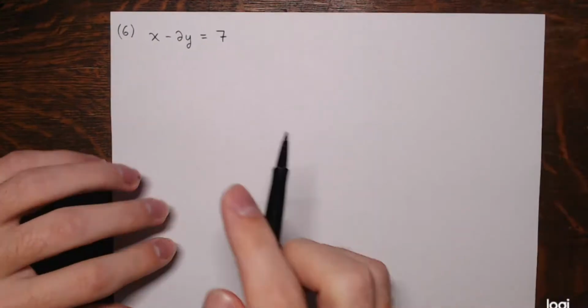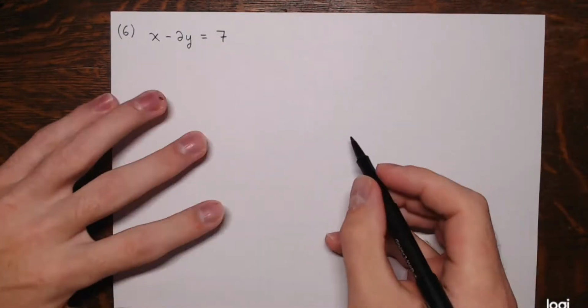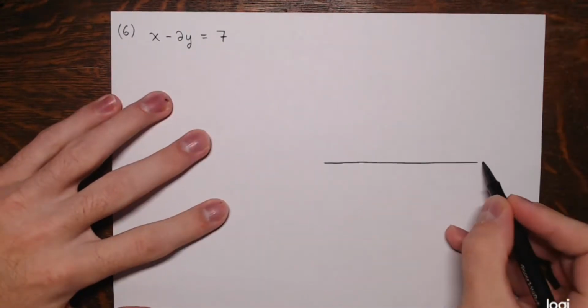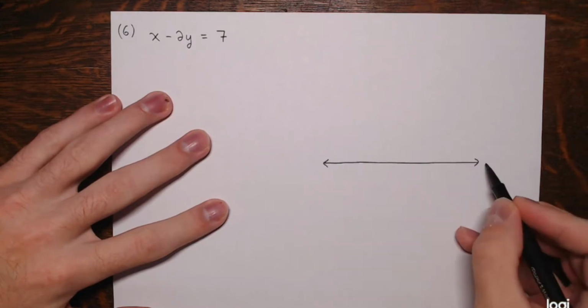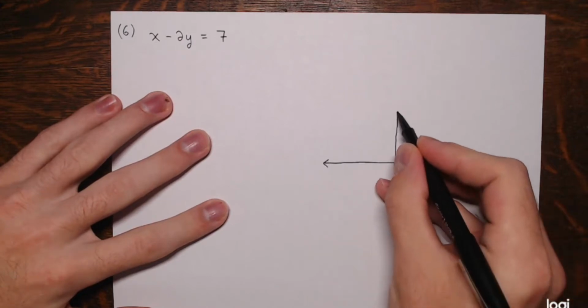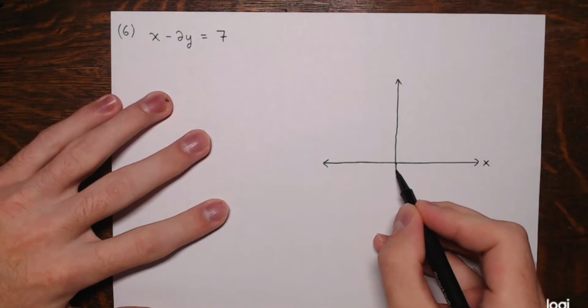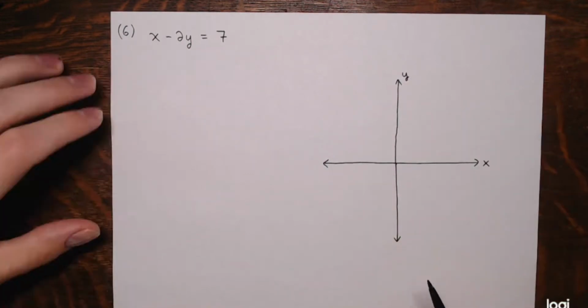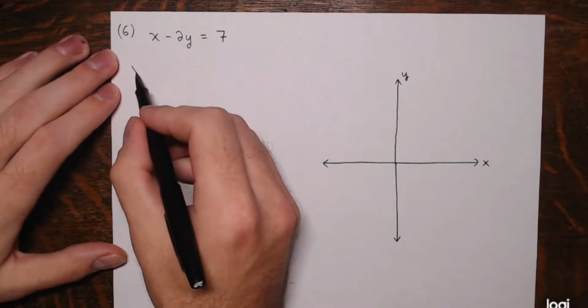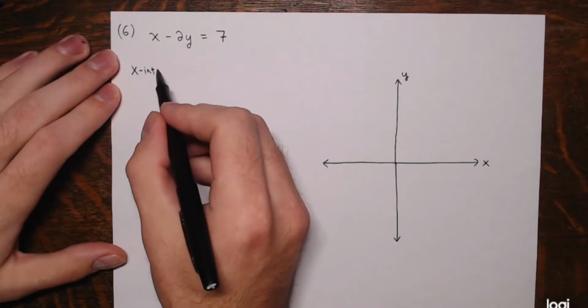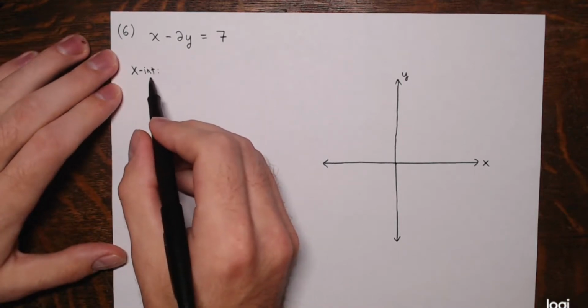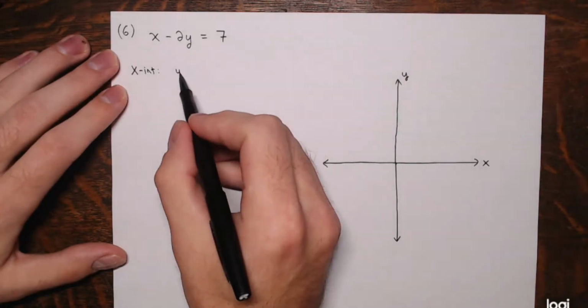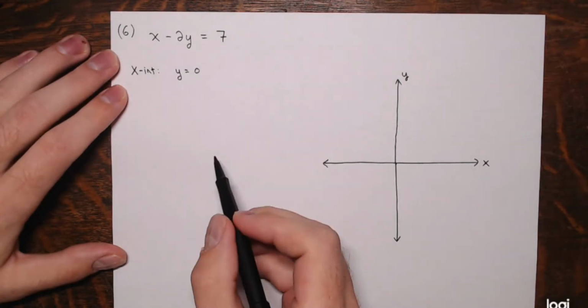So here I have another linear equation, making another xy plane. And it's not perfect, but best I can do by hand right now. Alright, so for the x-intercept, I'm just going to put x-int from here on out. We got, the y coordinate must be 0.